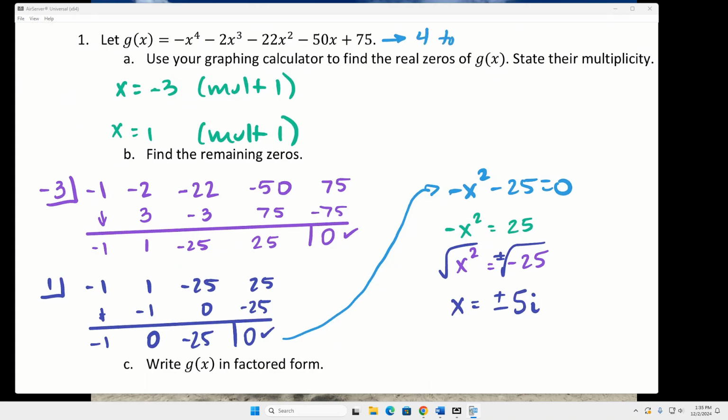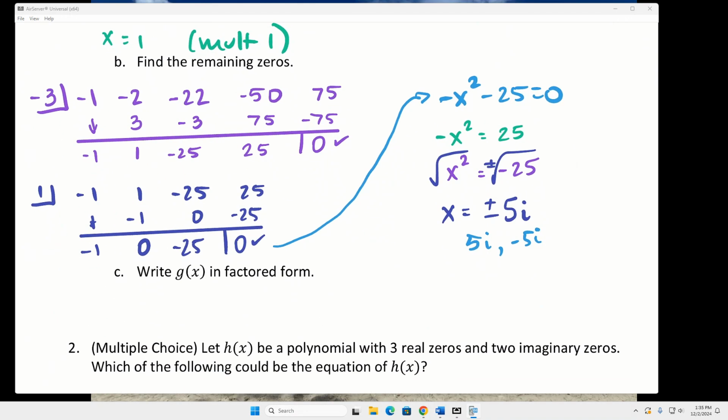Yes. And that's what we ended up with: 2 real and then 2 imaginary, 5i and -5i. All right, so this g of x is also going to have 4 factors. You guys do the factors on your own, please.